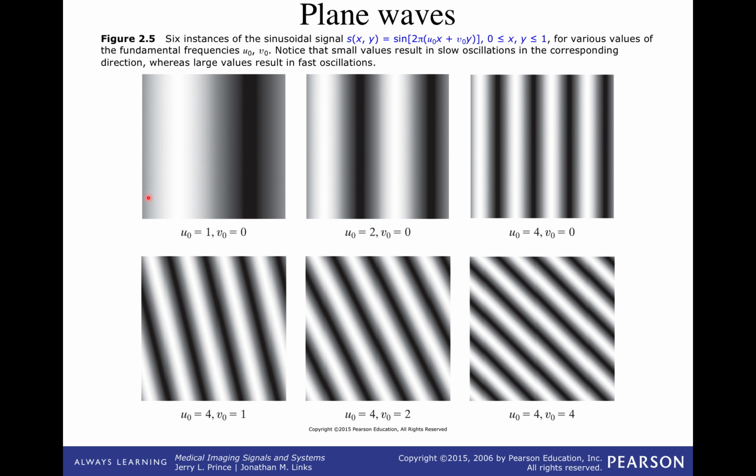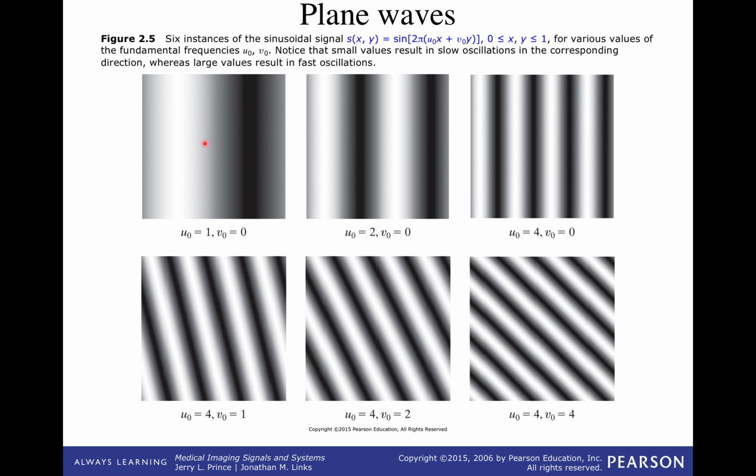If this is the xy plane, if I set this parameter mu naught to 1 and this to 0, I'll look back at the equation. So this is 0, this goes away, and this is 1, so it's just sine of 2 pi x is the function everywhere in the plane. That's what its value is.